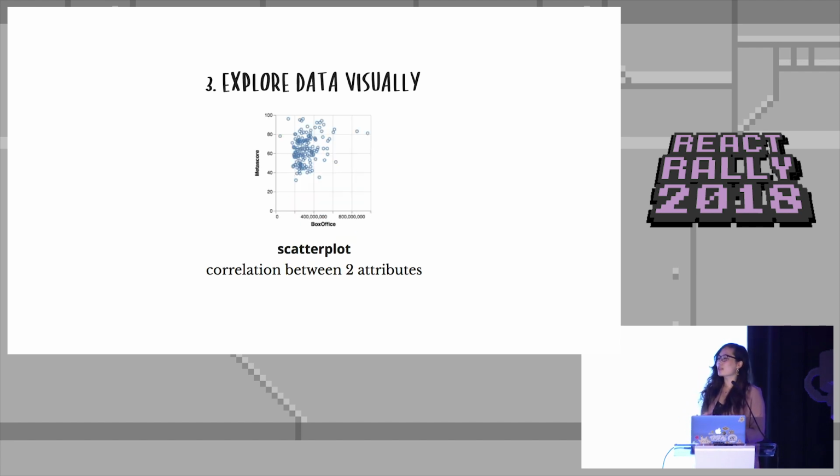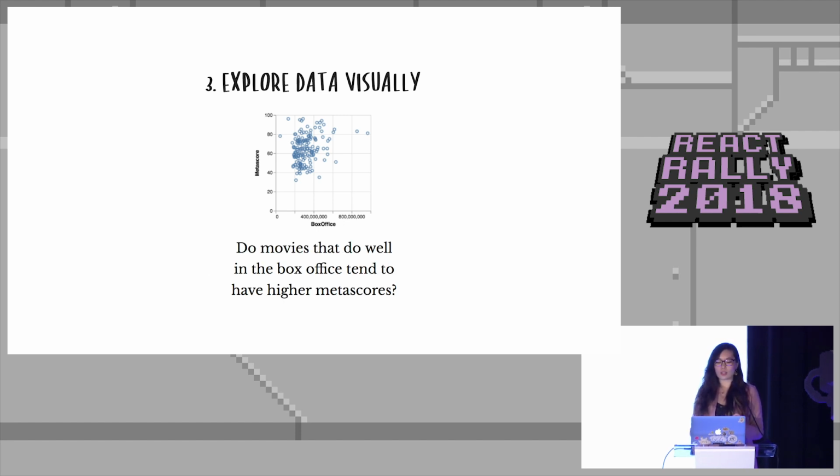And finally, I plugged the data into a scatter plot, which is really great to see correlations between two attributes to help me answer the question of, do movies that do well in the box office also tend to have higher Metascores? And you can see that the points are actually just straight up and down, and there really isn't much of a correlation.